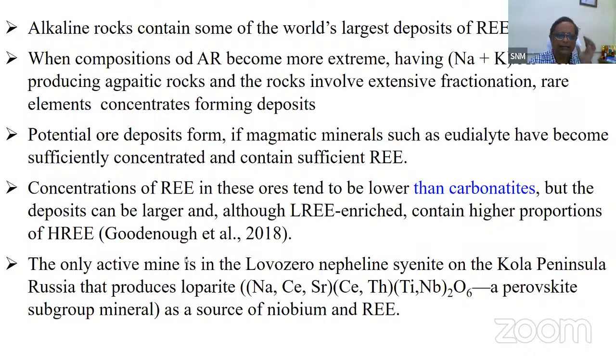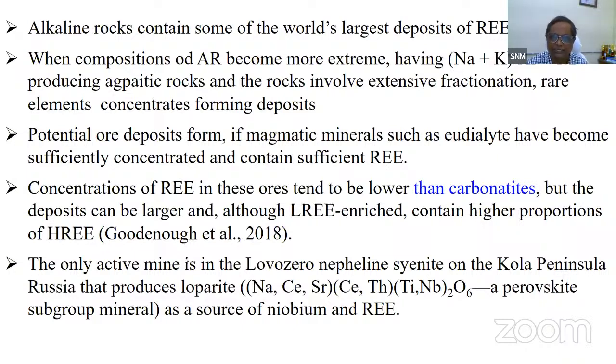One more thing is that the (Na plus K) by aluminum ratio has to be extremely high, more than 1.2. The rock has to be agpaitic. Miaskitic rocks are not supposed to be REE rich because these are less alkaline.